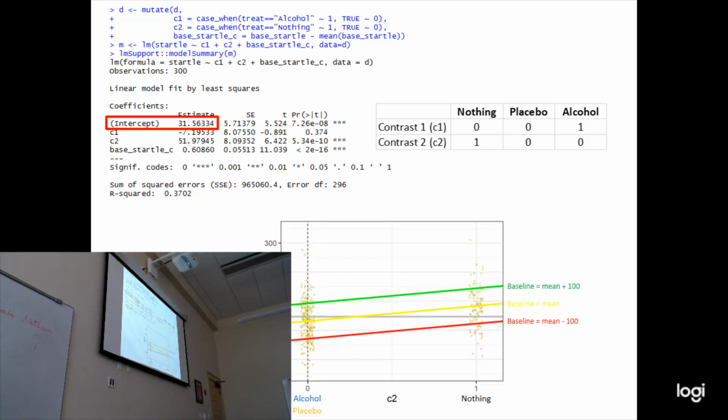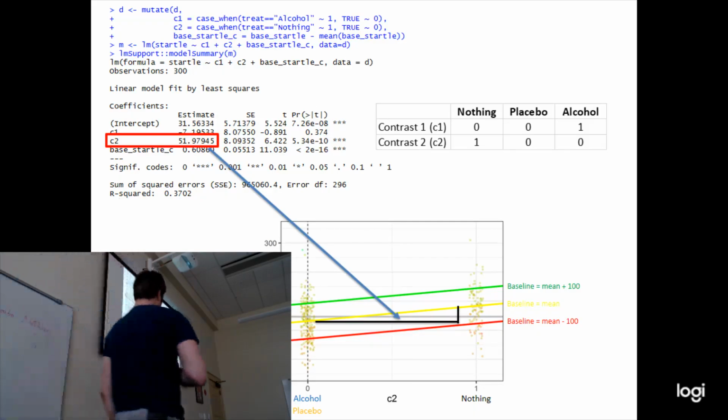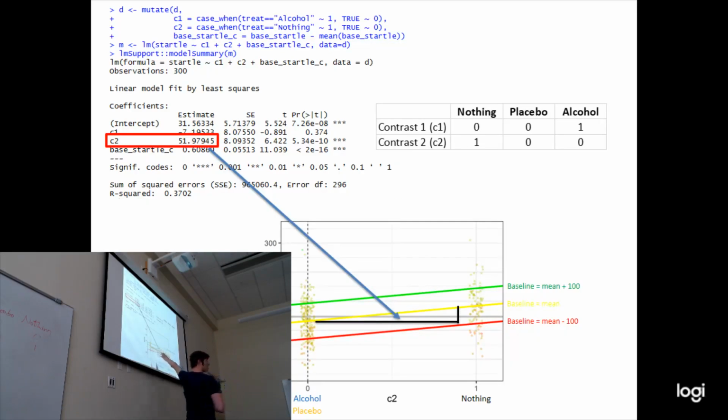Now we can see C2 on this graph, which is just the slope of each of these lines. I plotted C2 on the x-axis. It's going to be the slope. Another way of thinking about it is that it's the mean difference between my reference group, placebo, and the nothing.